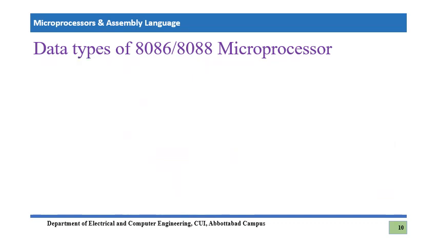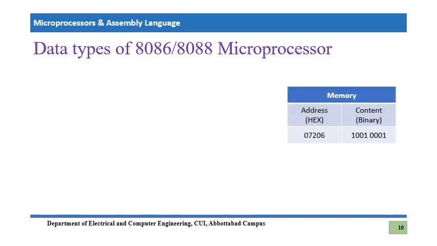Let's take a very simplified example of BCD numbers when they are being accessed from a memory location. Here we see a single memory slot whose address is 07206H, and the data stored within that location is 10010001.